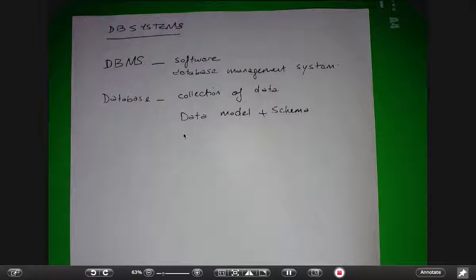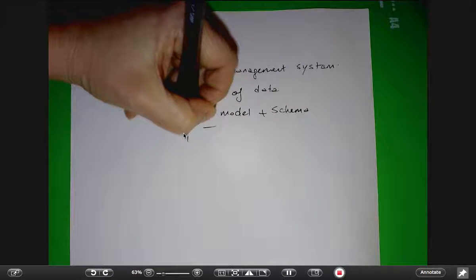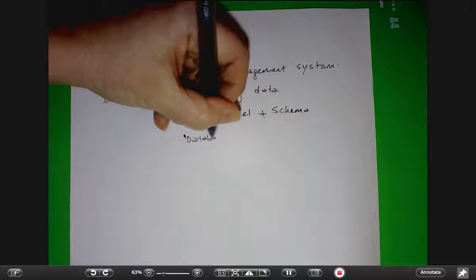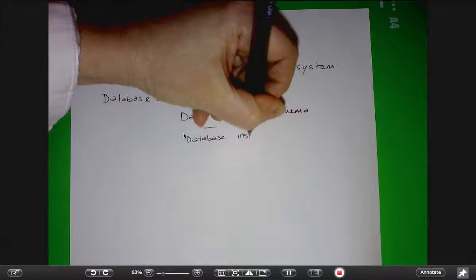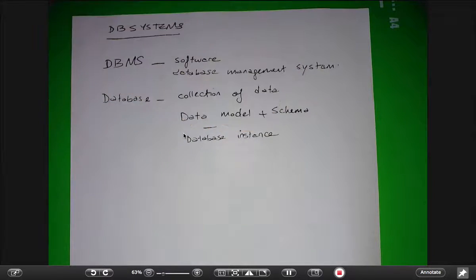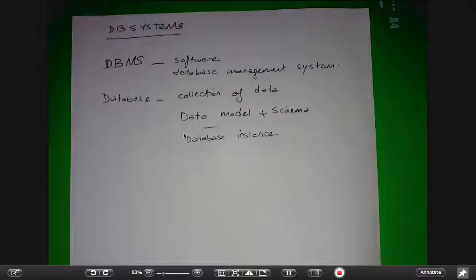And then we talk about the instance, the database instance, which is a set of facts that are true about the database at this current point in time. So the database instance is what is true in the world right now, whereas the database schema is what kind of data I want to store in my database.